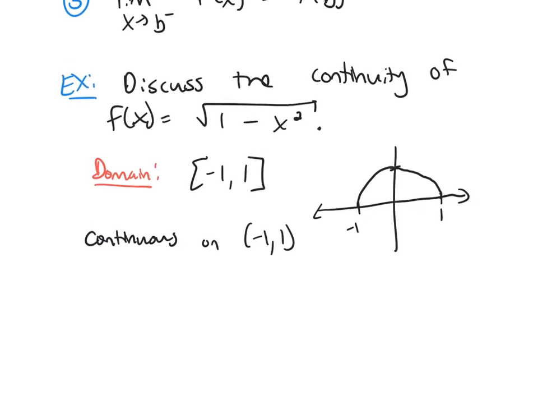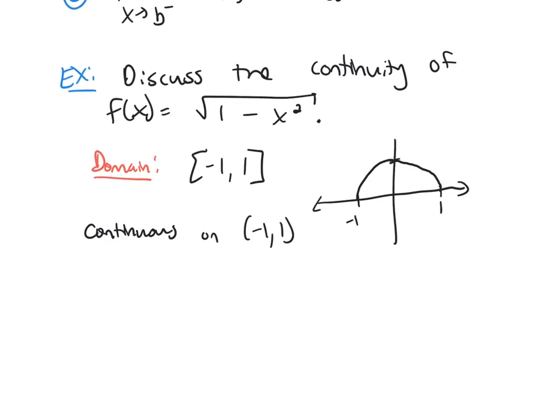So now I've got to take my one-sided limits at the endpoints of my interval. So let's start with this one over here. I'm taking the limit as x goes to -1 from the right. And what would the limit be as I approach from the right?